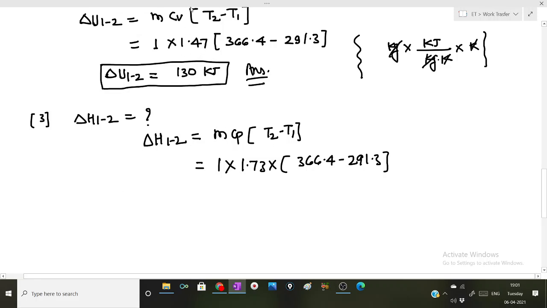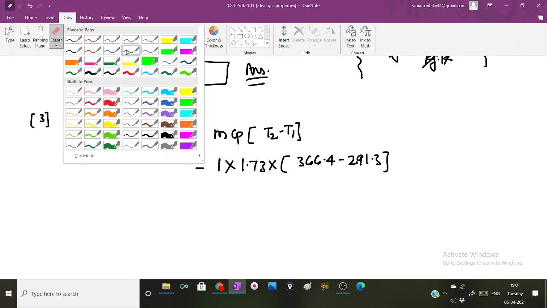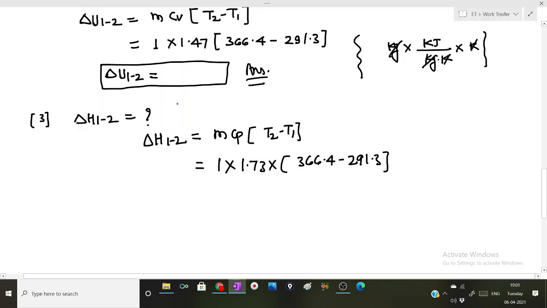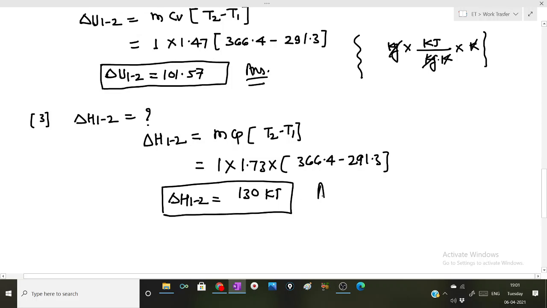Oh, please correct this. This value will be 101.57 kilojoule, and change in enthalpy during the process comes out 130 kilojoule. So this is the required answer number 3. So this way you can solve the problem.